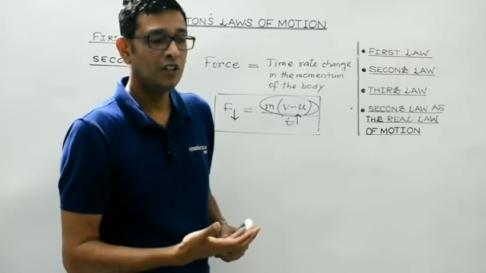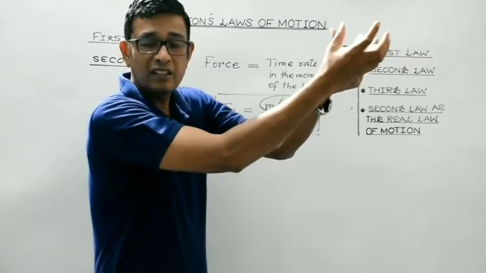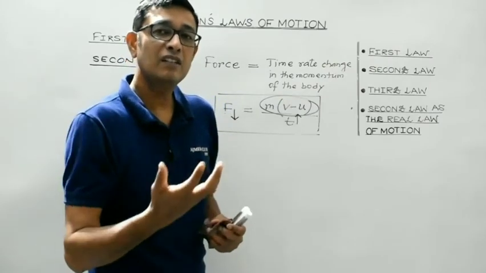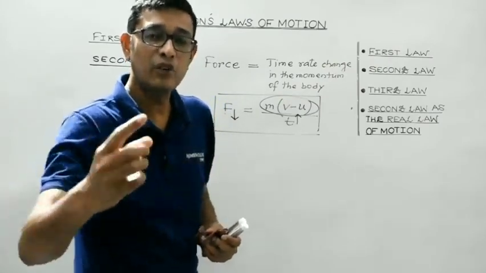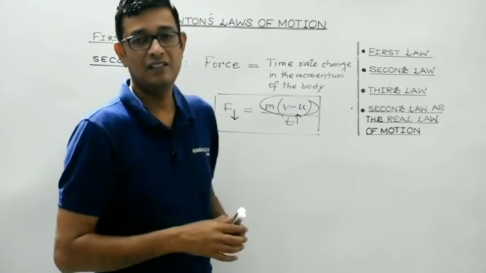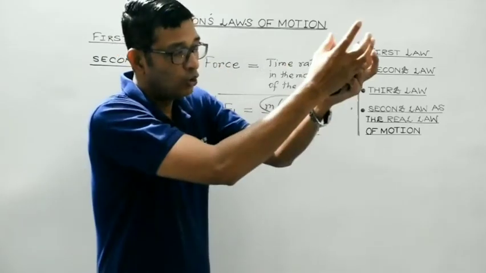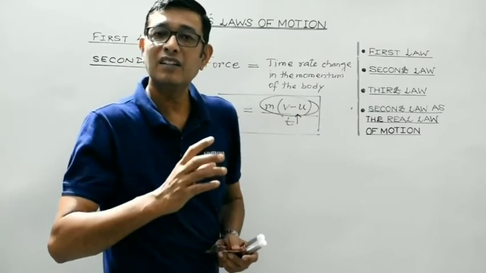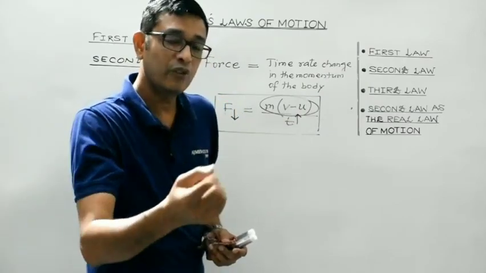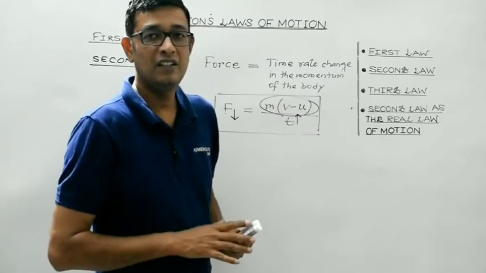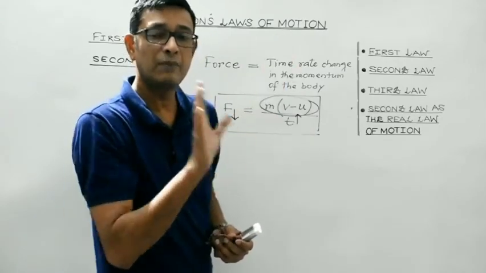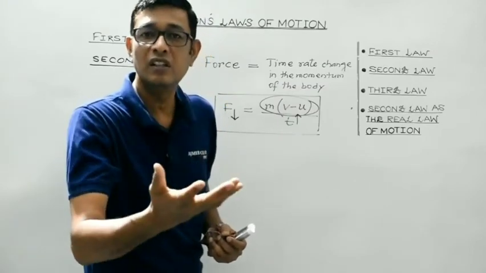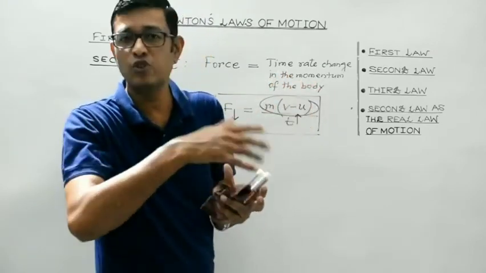Why is it so? Because by lowering the arms while taking a catch, a player increases the time during which the catch is completed. So, the change in momentum of the body. Obviously, there will be a change in momentum of the body due to the change in its velocity. The ball will be in the hand of the player and eventually it will come to rest.